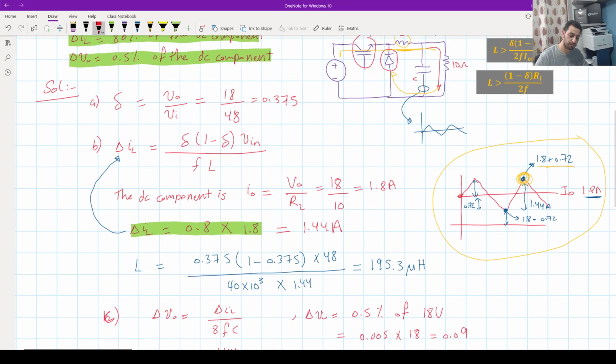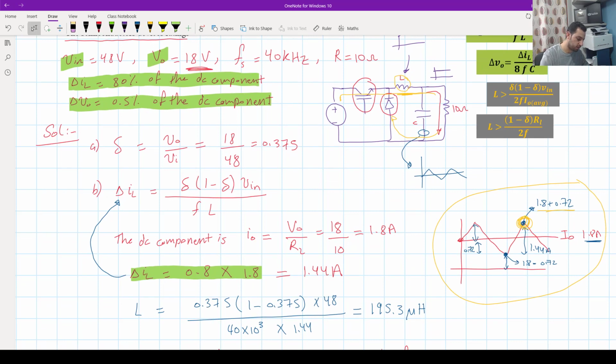What about the maximum voltage? Look at this switch: when it is off, what is the voltage at that point and what's the voltage at that point? This is the maximum voltage that can be applied across that transistor.